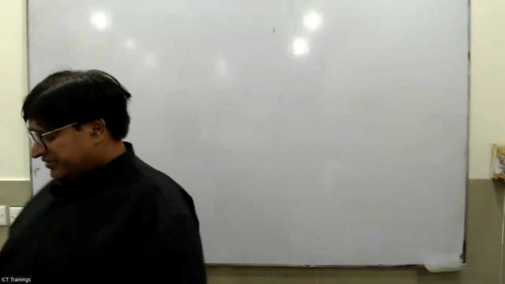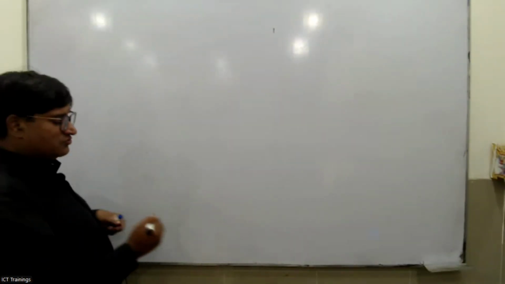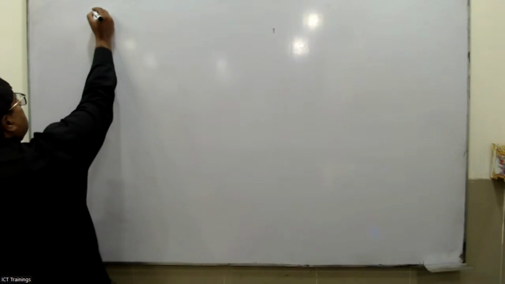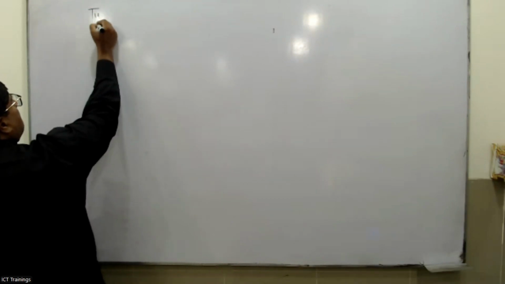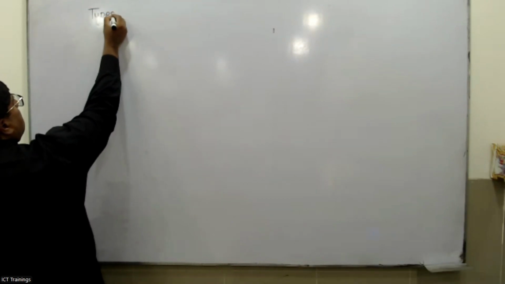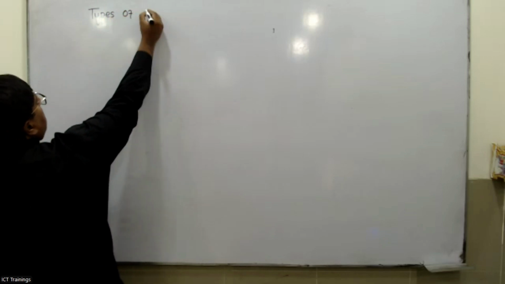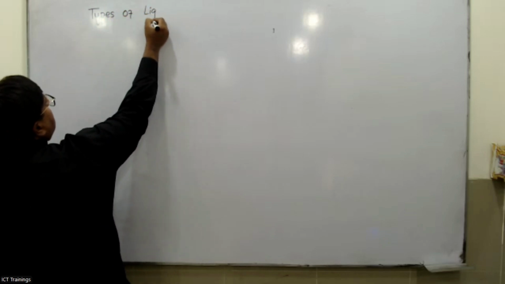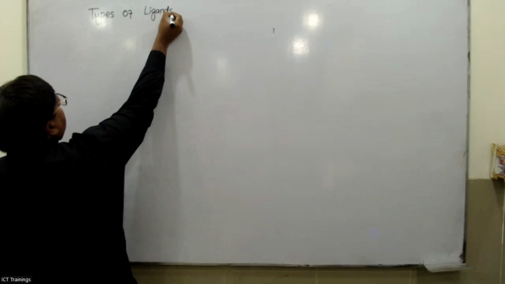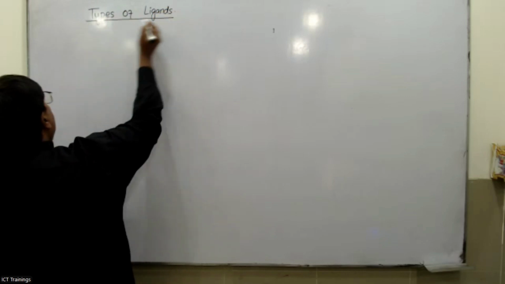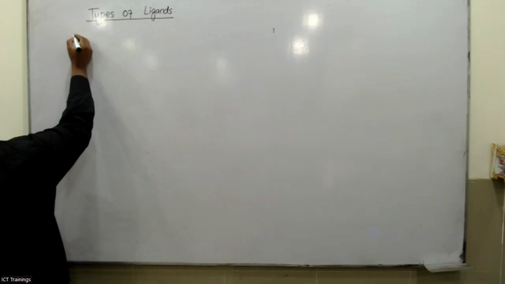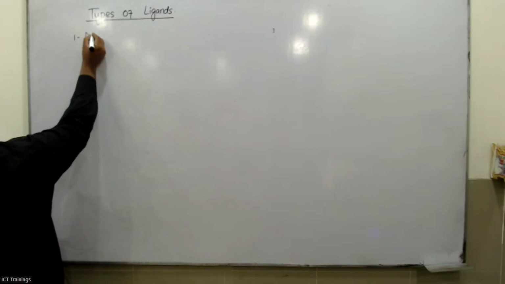So today, my dear students, we are going to start with the types of ligands. So we have three types of ligand. The first one is called the monodentate ligand.